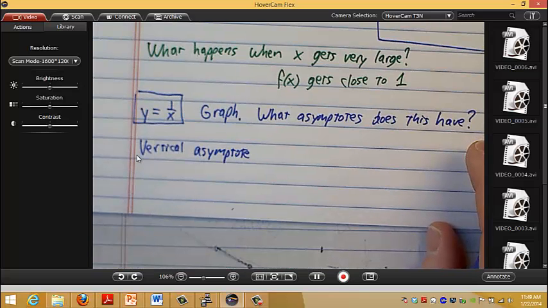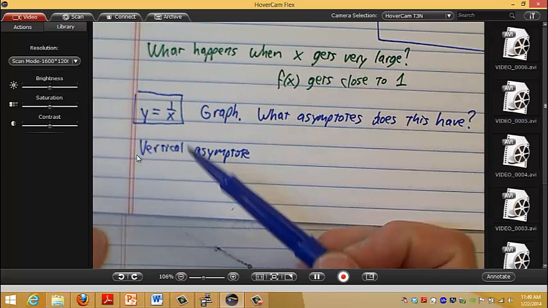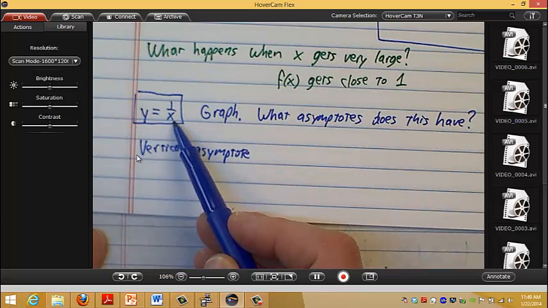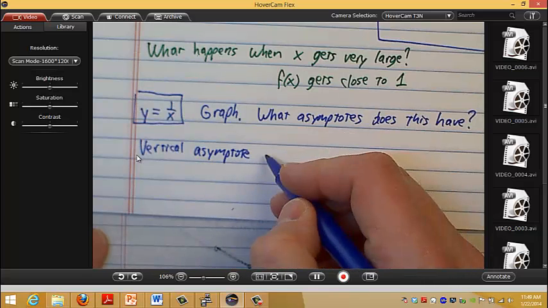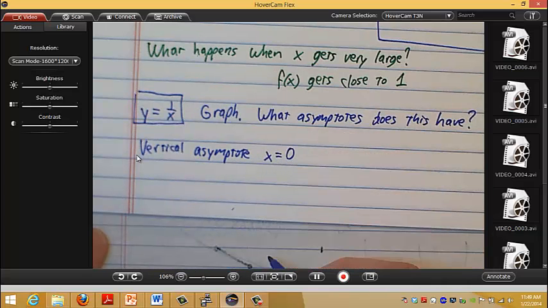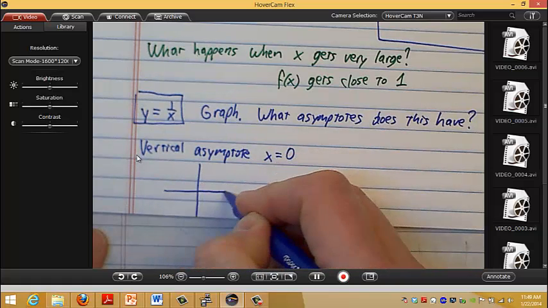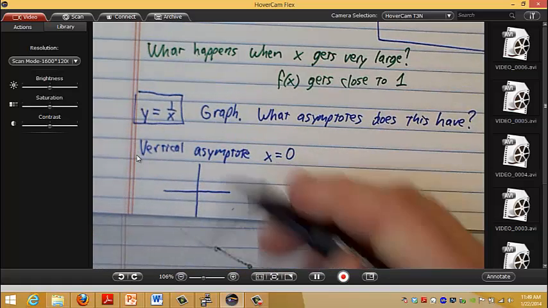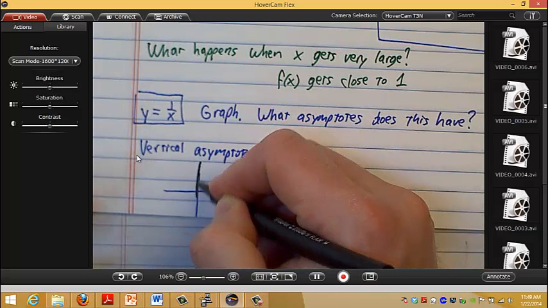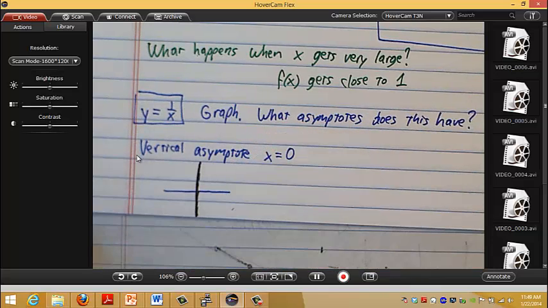What makes the denominator 0? What do you plug in for x? 0, right? So we have a vertical asymptote when x equals 0. Well, that means that the y-axis is a vertical asymptote.